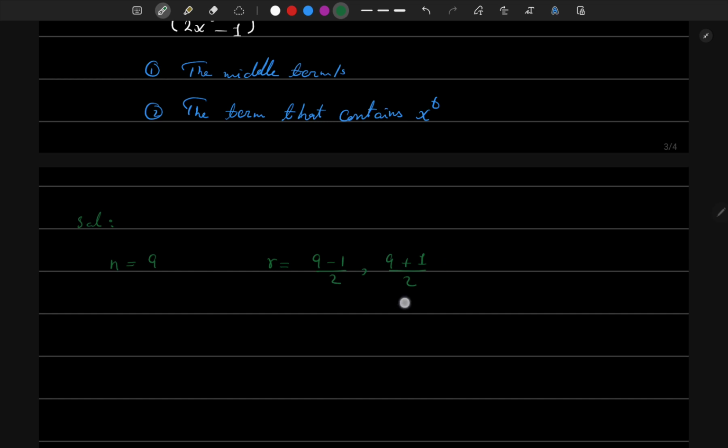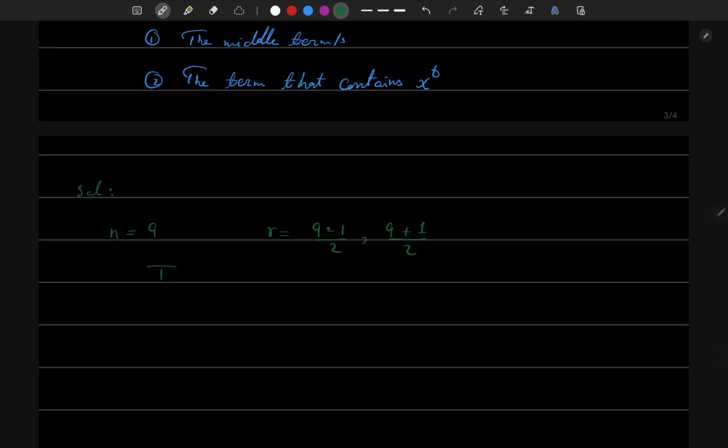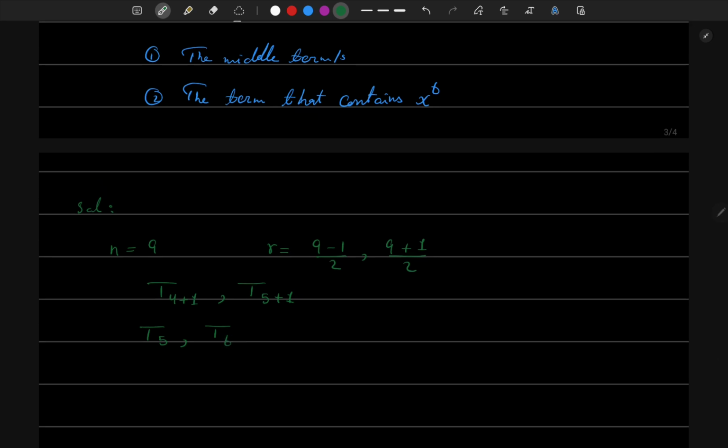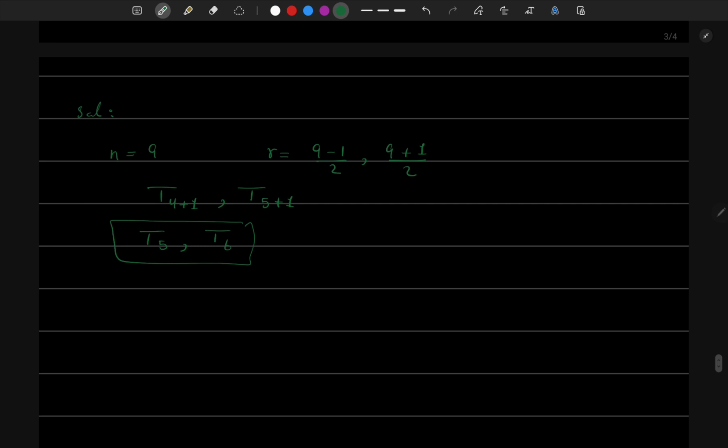And so the middle terms are t, 9 minus 1 divided by 2 is 4, and 9 plus 1 divided by 2 is 5. So the middle terms are the fifth term and the sixth term. Now again, I'm not asked to find the order of the terms. This is the order of the terms, not the terms themselves. The question says I have to find the terms themselves. So I have to actually find term 5 and term 6.